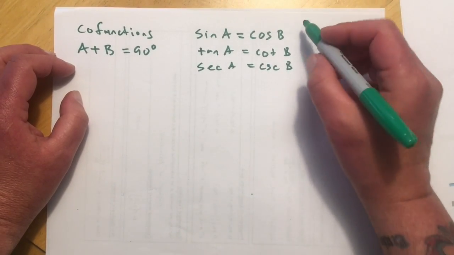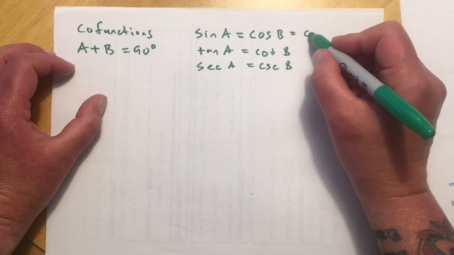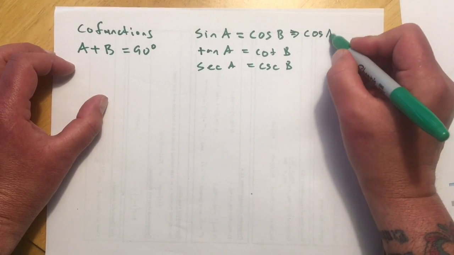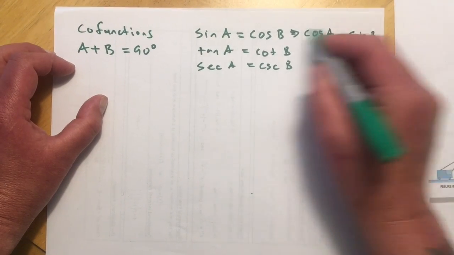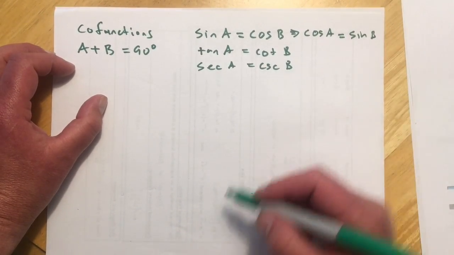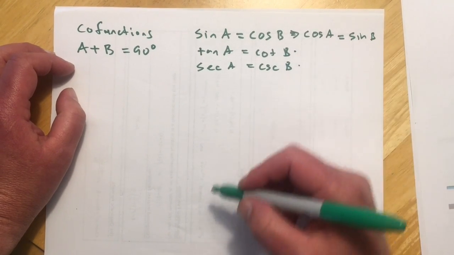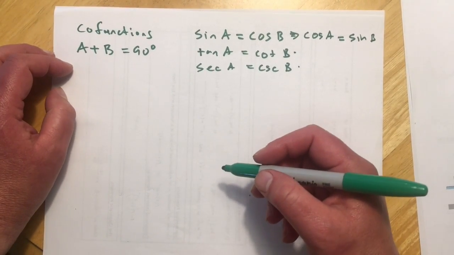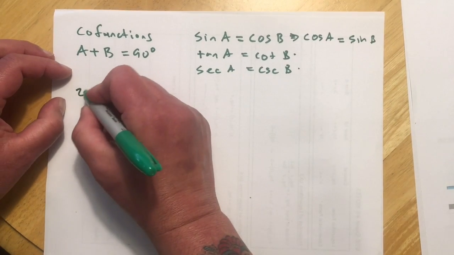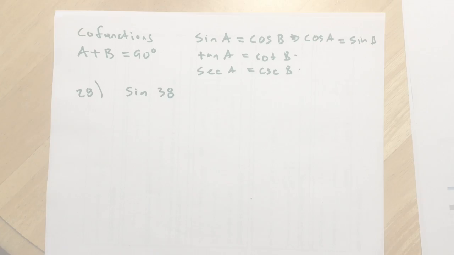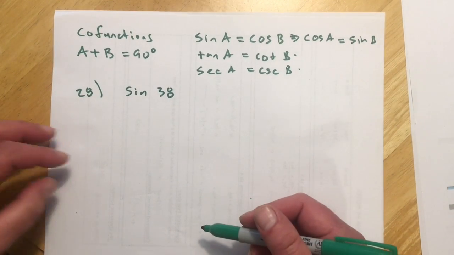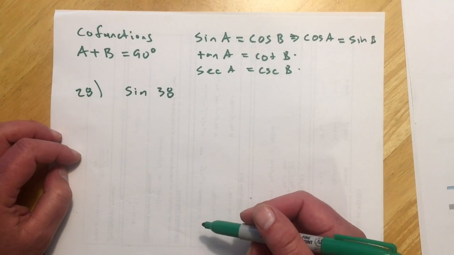And then the reverse of these is also true, so that means that I could also say cosine of A equals sine of B. You know, we can write the A and the B either order, and same here and here. So these last couple of problems, 28, we have sine of 38. So we're supposed to express the function as a complementary angle.